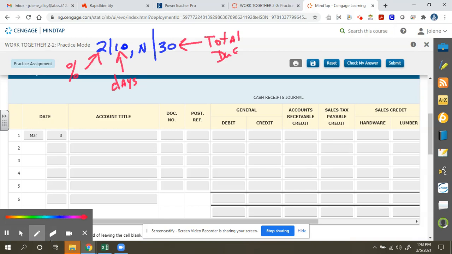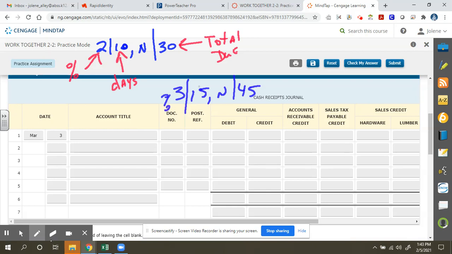Now, I've seen it where it was 3-15 net 45. Well, this is still the discount percentage, this is still how many days I have to get it in, and if I don't do that, then I have to pay it within 45 days. So each position means the same thing. It's just that companies can change it to whatever they want it to mean, whatever they're offering.